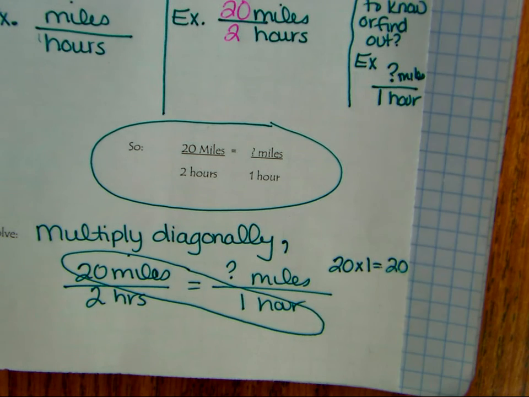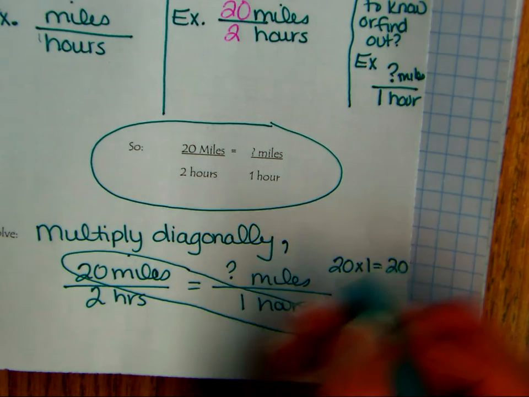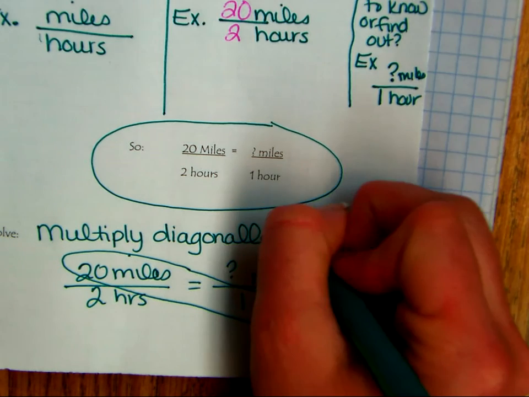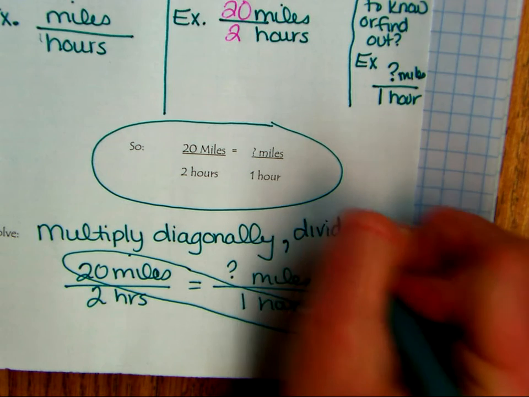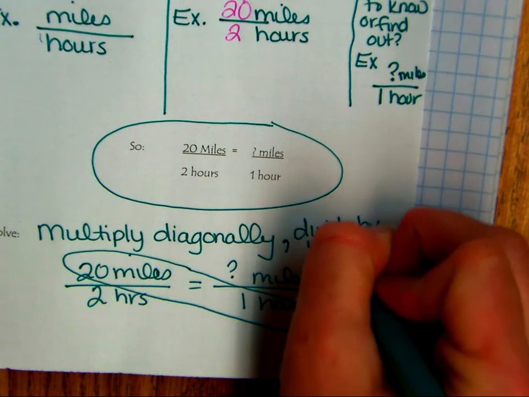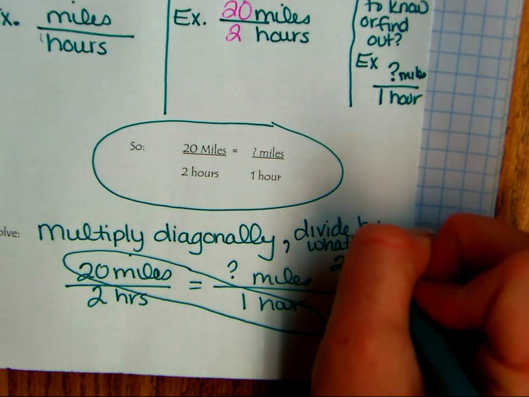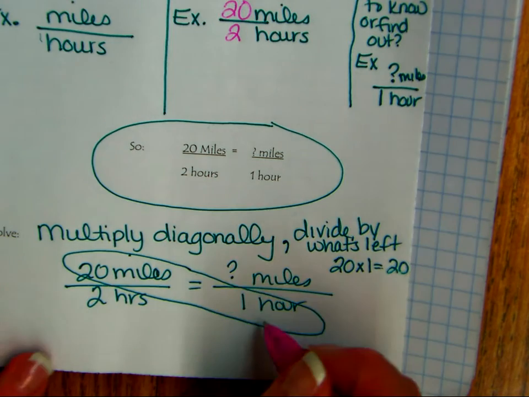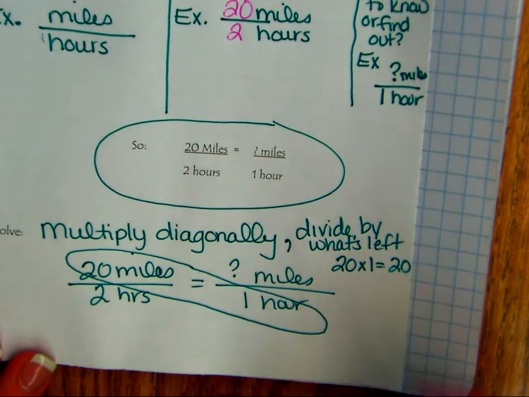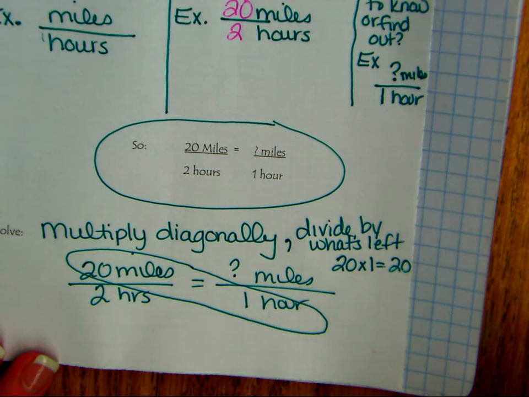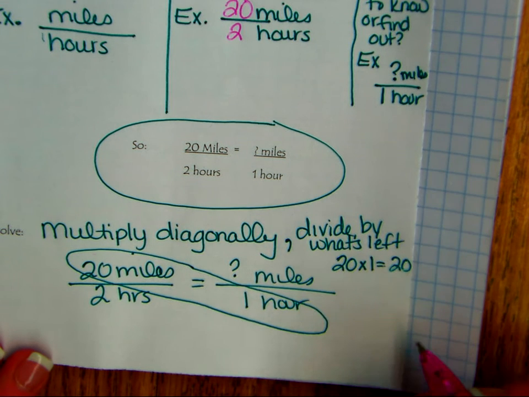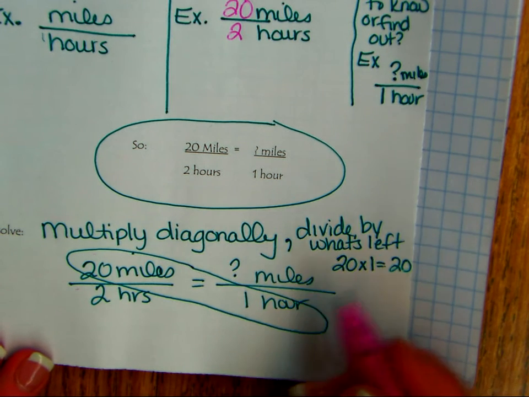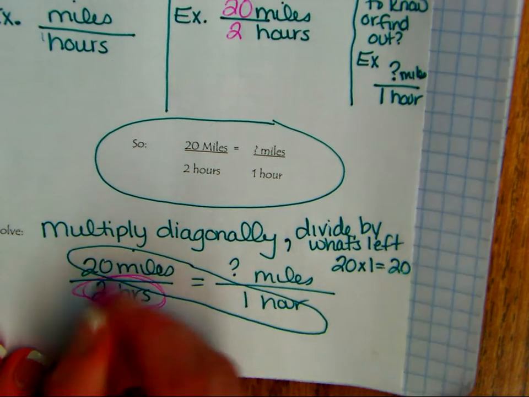So now that I've solved that, the next thing I'm going to do is divide by what's left. And what's left here? Well, once we multiply these, what's left is this 2 hours.